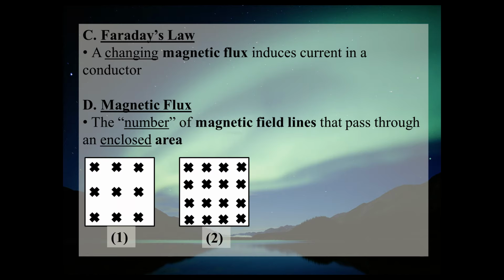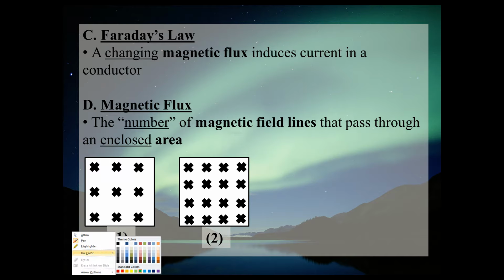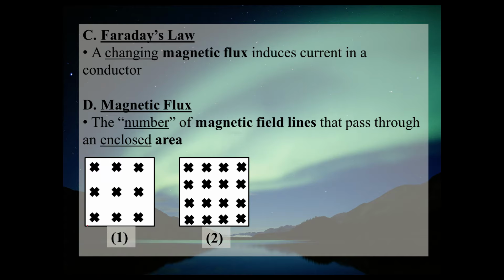So let's say we have two loops of wire. We have loop of wire 1. When I say a loop, I'm just referring to this outer perimeter here. So I have loop of wire 1 and I have loop of wire 2. Both of these wires enclose the same area.